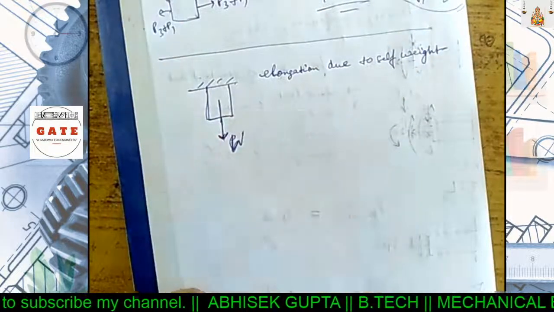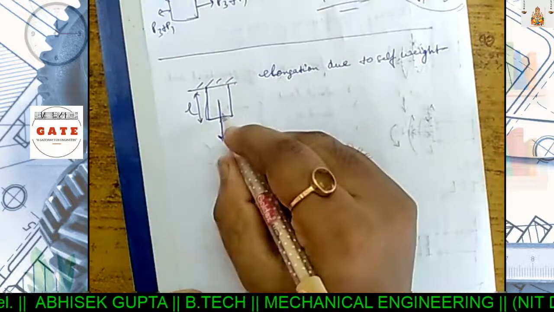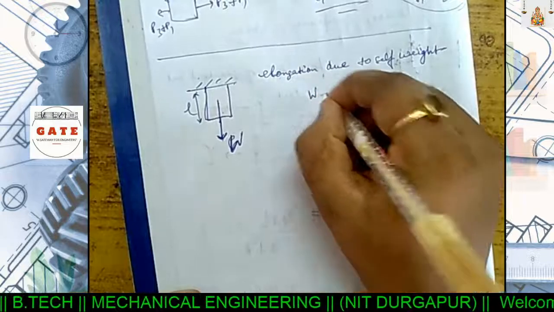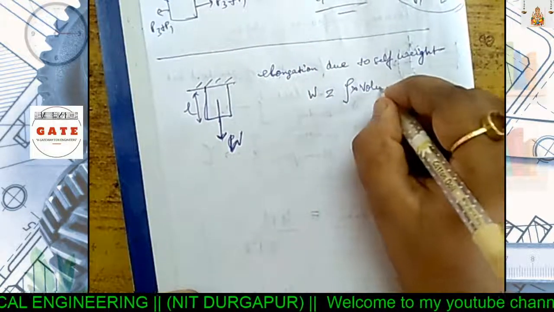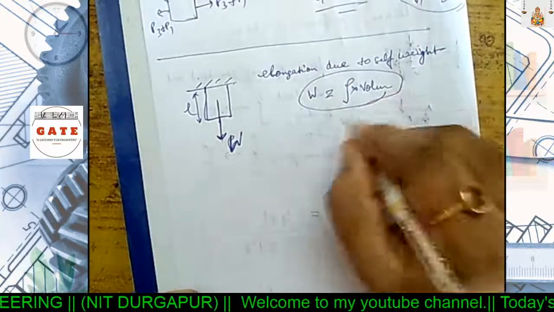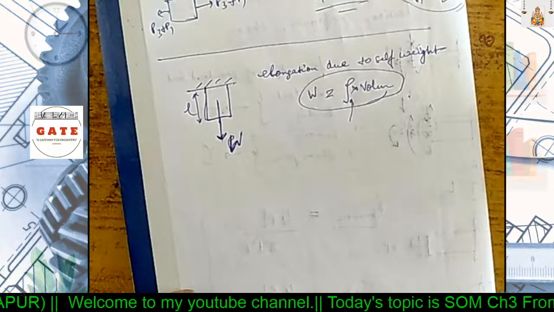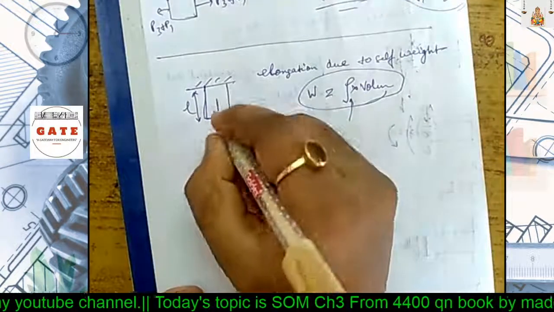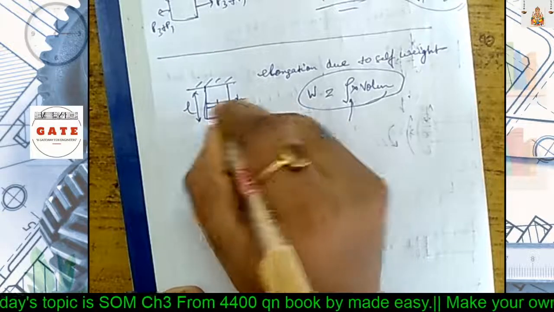Here the self weight is W, the length is L, and the area is A, Young's modulus E. Now, since W equals the density into the volume of the bar, and density remains constant for the bar throughout, for a length x we consider the dx element.